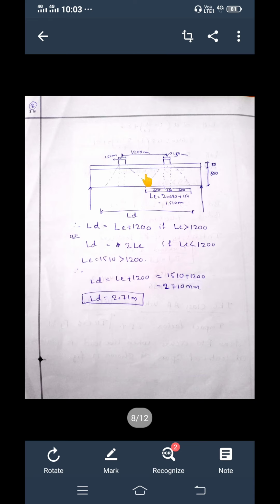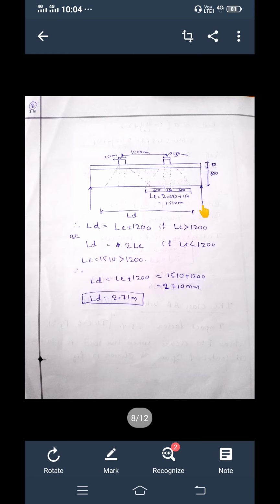Why? Based on tan 45, tan 45 is equal to opposite by base. How much is your opposite side? The base will be the same. So this is 680, and this one is also 680, and in the middle it is 150. So the effective length of dispersion for one wheel is 2 into 680 plus 150, so it is 1510.